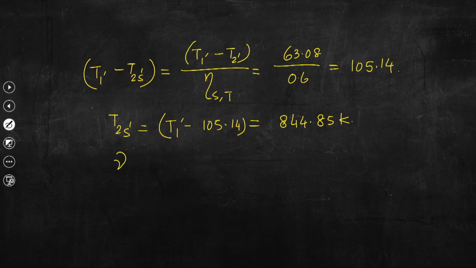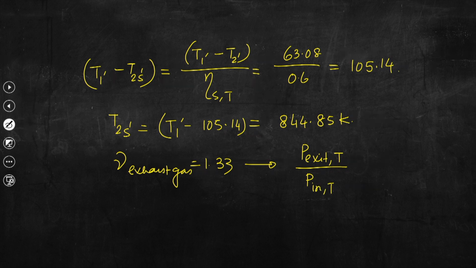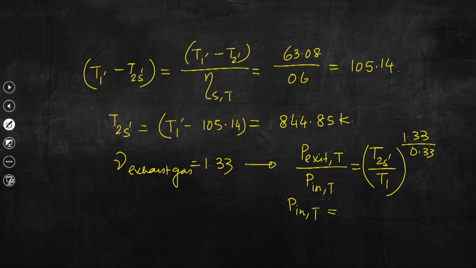If we assume gamma of exhaust gas equal to 1.33, then we can use the isentropic relation, that is P exit turbine divided by P inlet turbine equal to T2s prime divided by T1 prime to the power gamma by gamma minus 1, that is 1.33 divided by 0.33. The inlet pressure to the turbine is what we have to calculate, while the exit pressure is ambient.